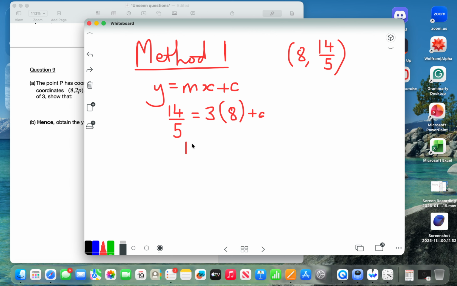So if you take away 24 from both sides, you get 14 over 5 minus 24. But we can write 24 as 5 times 24, which is 120 over 5. And that gives you minus 106 over 5.